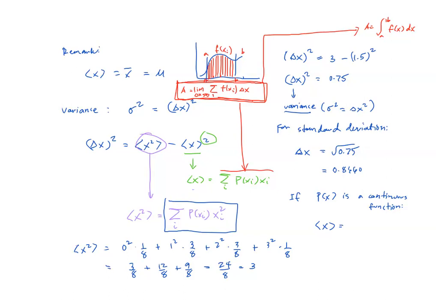Now, therefore, if we have a continuous function, we can do the same thing sa pagkuha ng expectation value. So, itong summation na to will then become, instead of summation, magiging integral siya ng probability distribution function. Unahin ko yung x. Yung x i magiging x. And P of x i magiging P of x na lang.